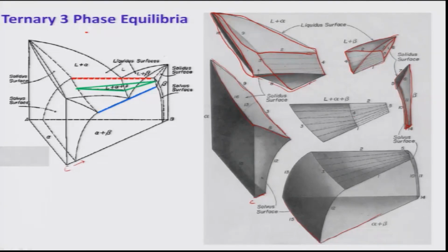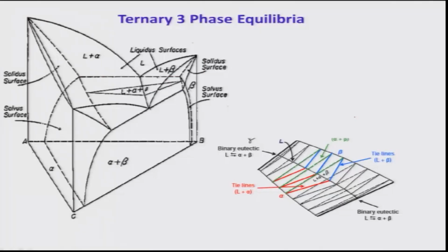So, these are the different phases. One is single phase, alpha and beta. Second one is 2 phase, liquid plus alpha, liquid plus beta, or alpha plus beta. And liquid plus alpha plus beta consists of these triangles, correct.